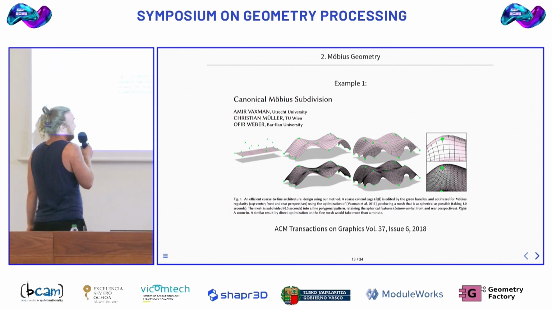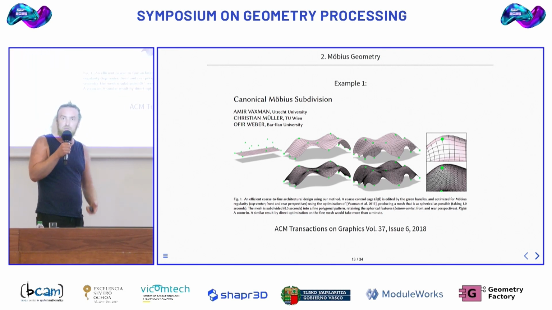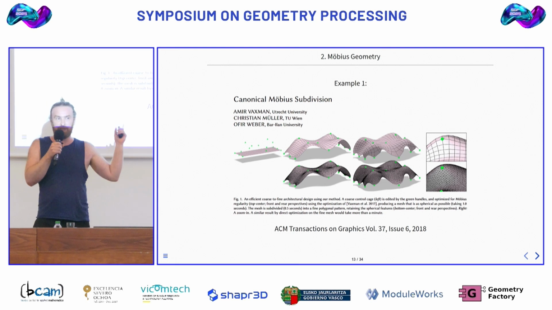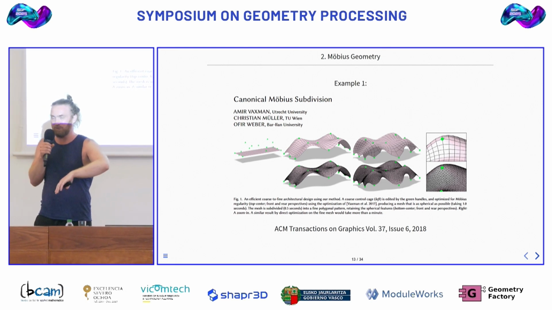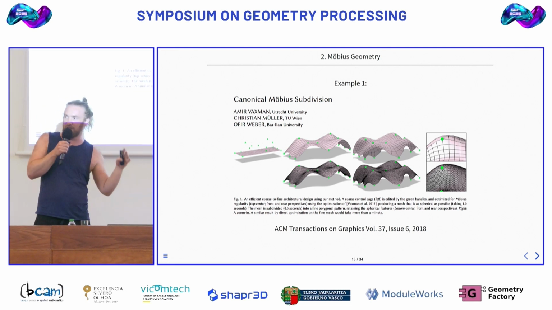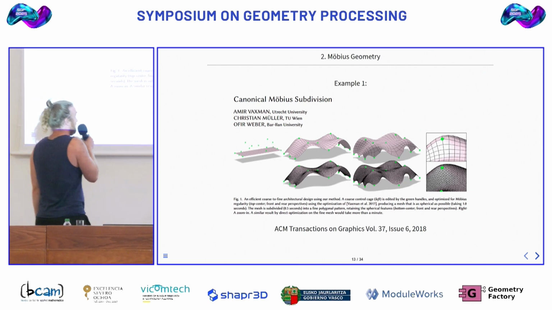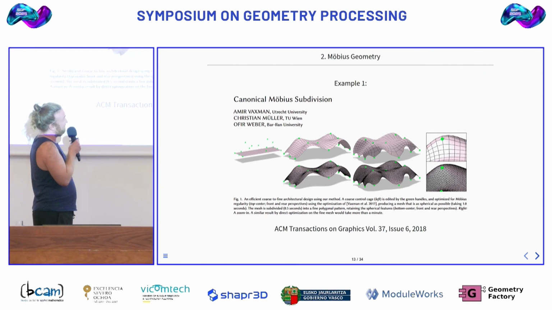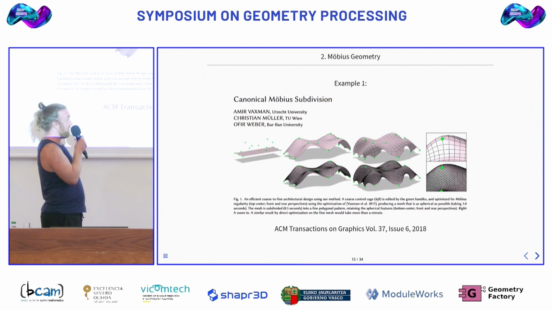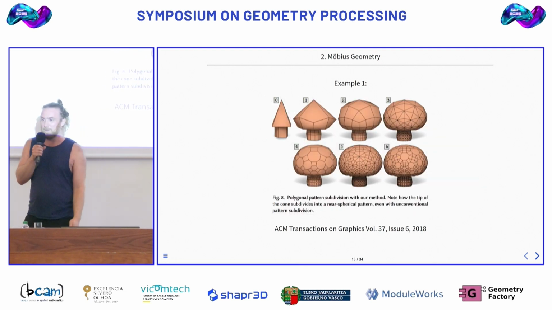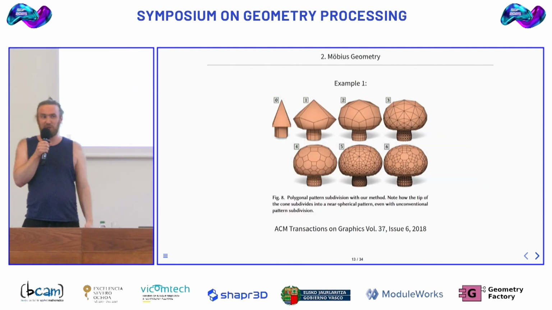It's inspired by Möbius geometry and it respects Möbius geometry. So you could take a mesh, reflect about a sphere, and subdivide, or you subdivide first, then reflect about the sphere, and it has the same result. From this picture, it's a bit hard to tell. So I took a second one out of the paper, which I like because it really visualizes what it does.